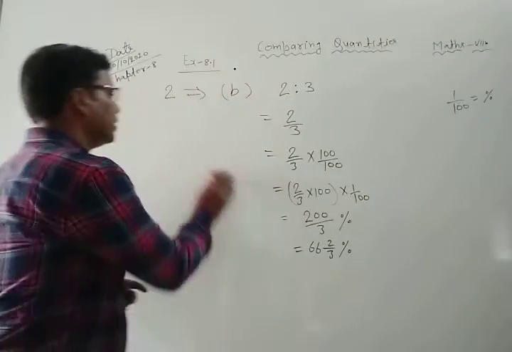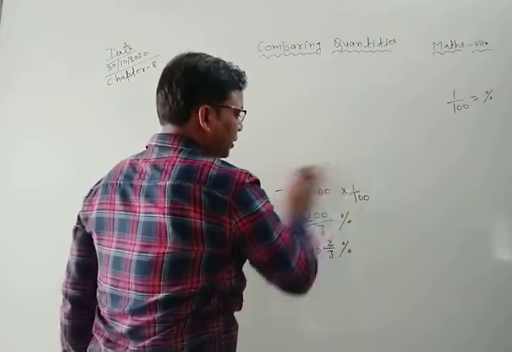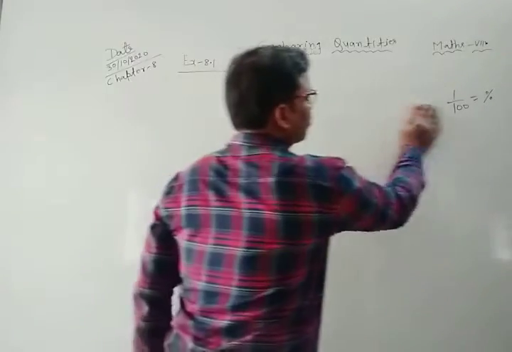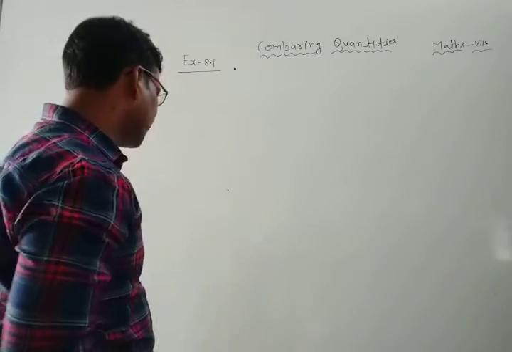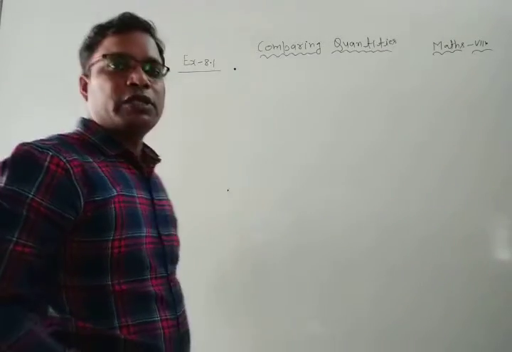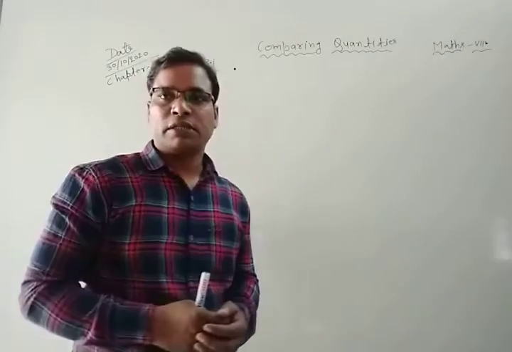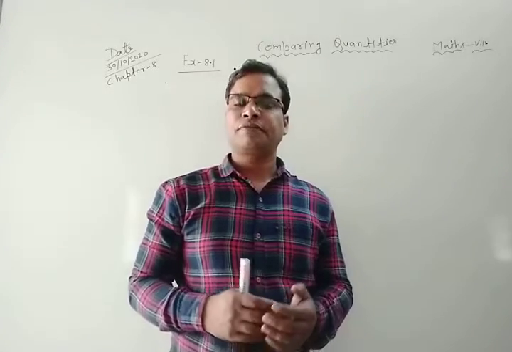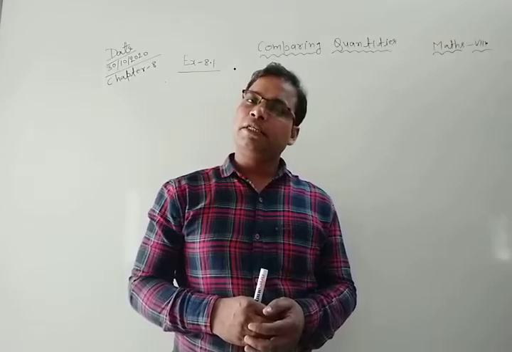First we erase this. After this we find the number of students that are not interested in mathematics. You can solve this question in two ways. The first way is that we find the number of students who are interested in mathematics, and after this we subtract from 25, and then we obtain the number of students who are not interested in mathematics.